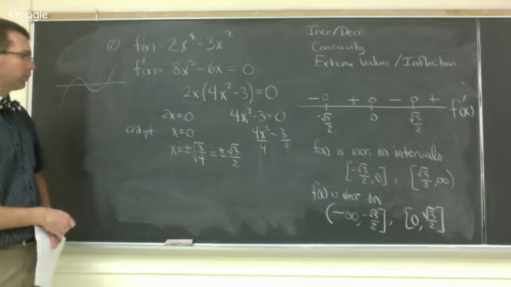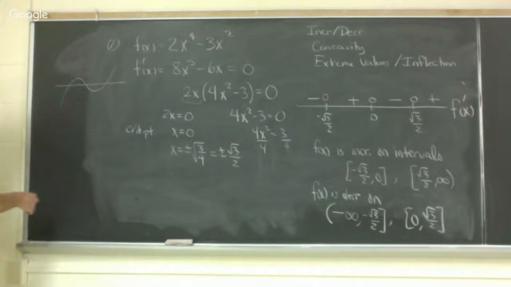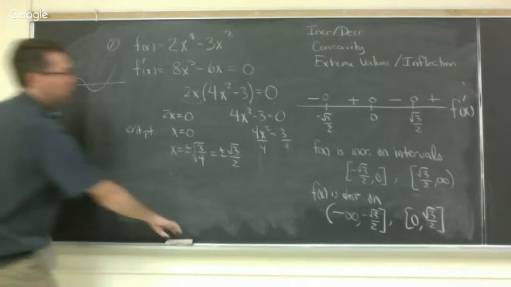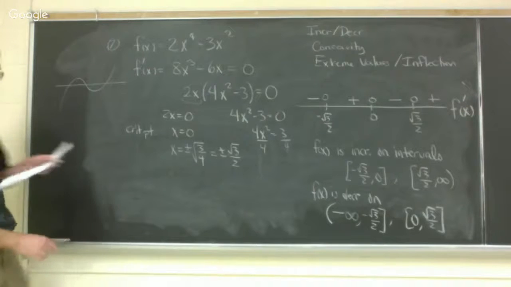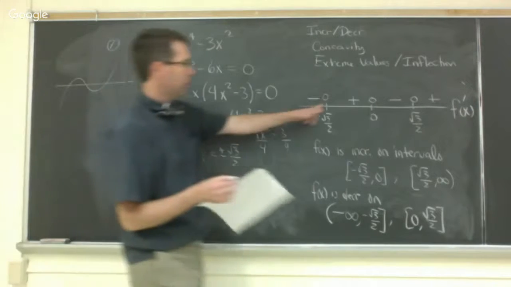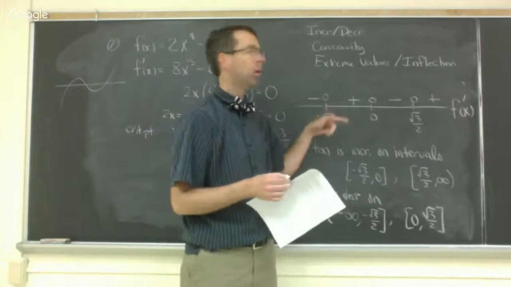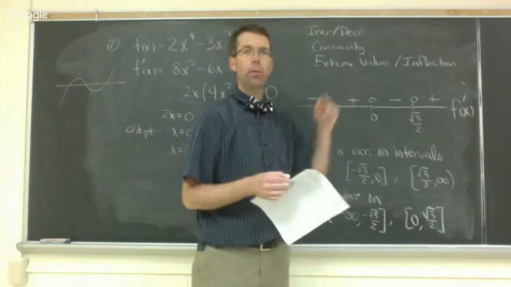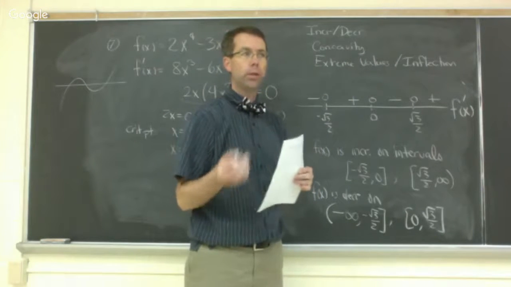All right. So now we're ready for the concavity. Oh, let's answer part C while we're at it. These 3 points that are critical points, what do they become as far as extreme values or inflection points? These are extreme values.